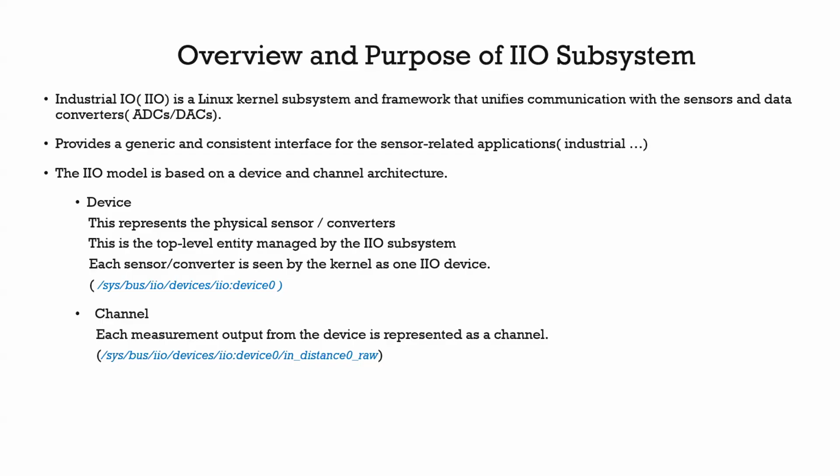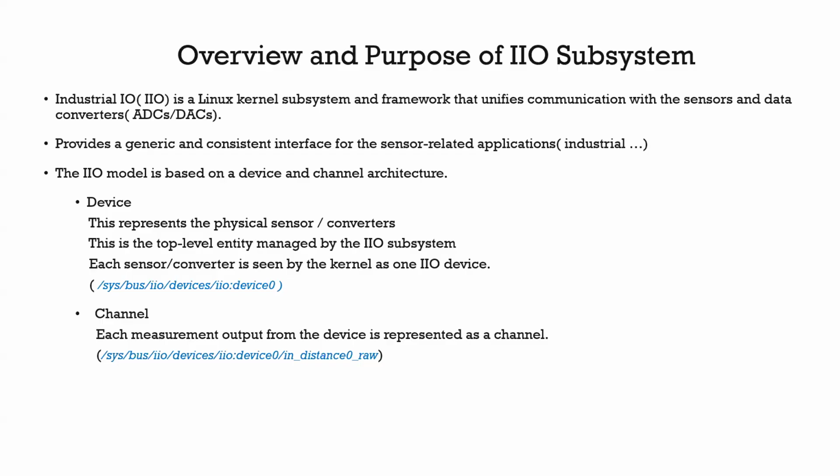This is one of the most commonly used 16-bit ADCs. It has 4 channels, and to each channel you can connect different sensors or actuators or anything you want to measure. In that case, you can map those channels as software channels here.